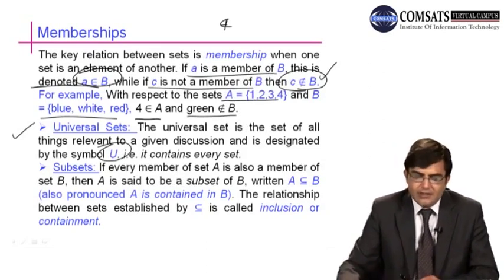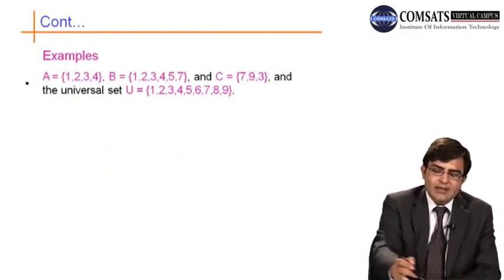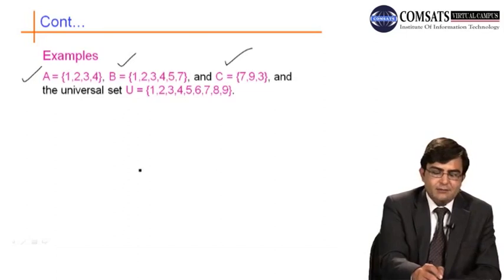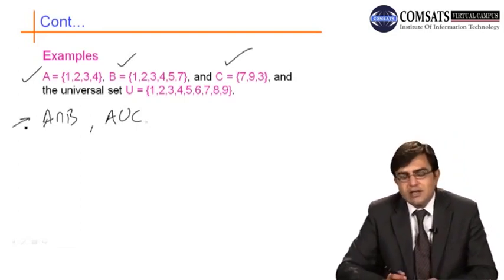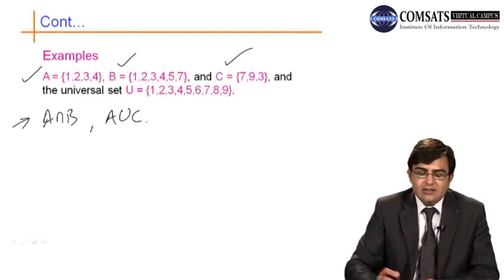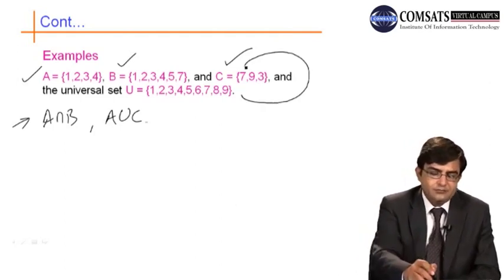For example, if we have sets A, B, C, and we are trying to find A intersection B, A union C, whatever operations we require on these sets, the universal set basically contains all these sets.